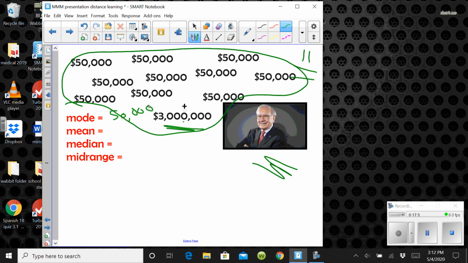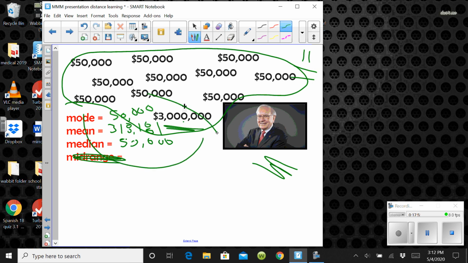And I just did that on my calculator. The mean is 318,181 plus a few cents. The median, the middle number, if you put them all in order and grab the middle one, it's 50,000.